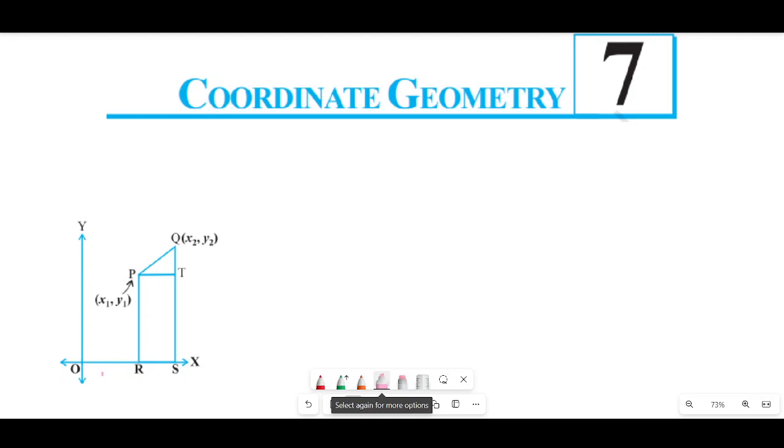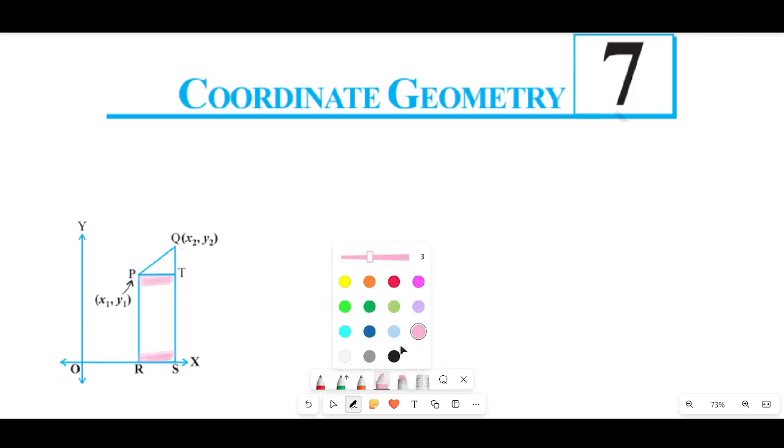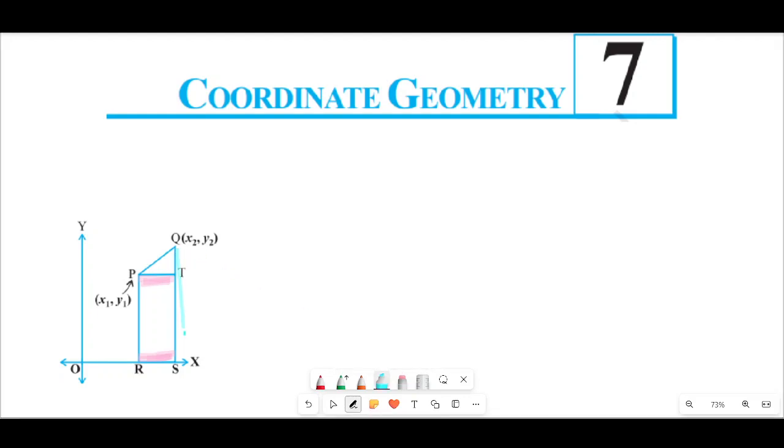OR is x1 and OS is x2. Then RS will be x2 minus x1. This is x2 minus x1. The distance of QS is y2. But we want to find out the distance QT.